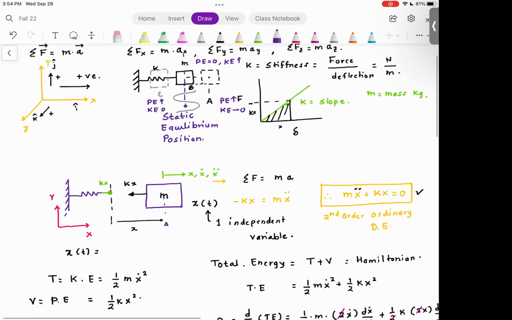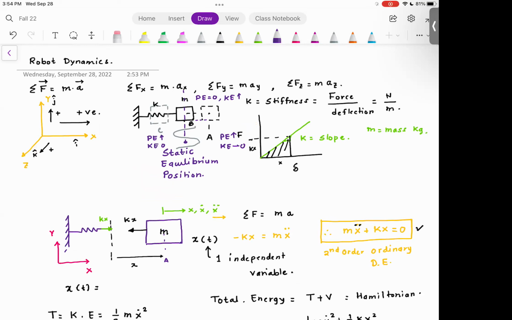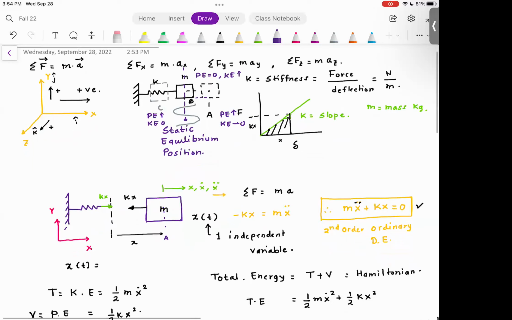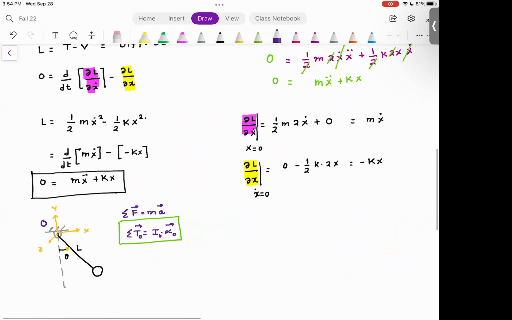Now, why is this point O important? Because I stands for mass moment of inertia. What is the mass moment of inertia? Mass moment of inertia is given as mass multiplied by the radius of gyration squared.